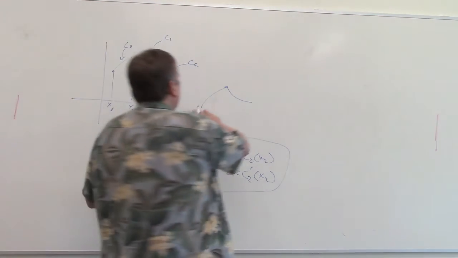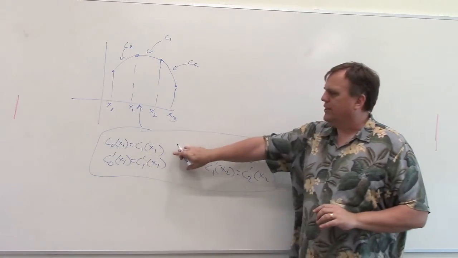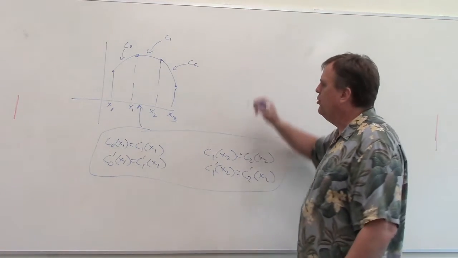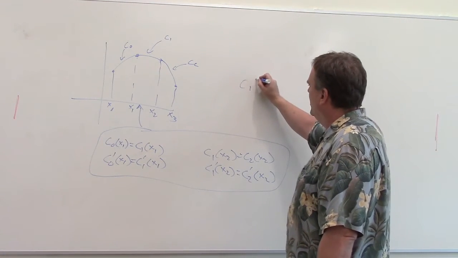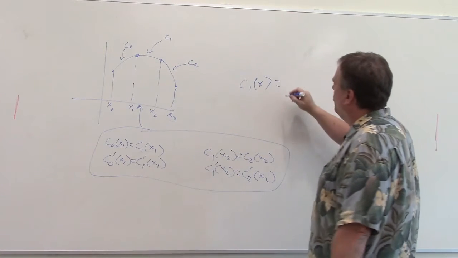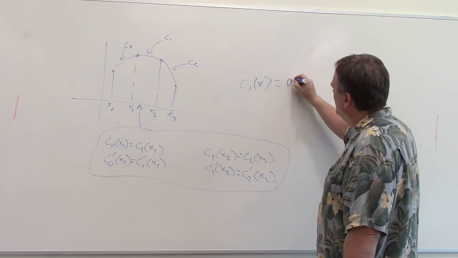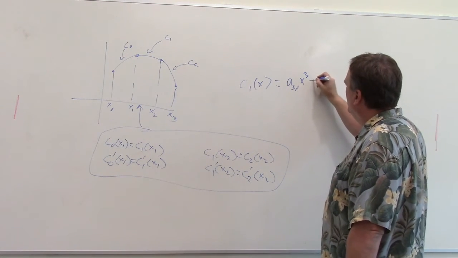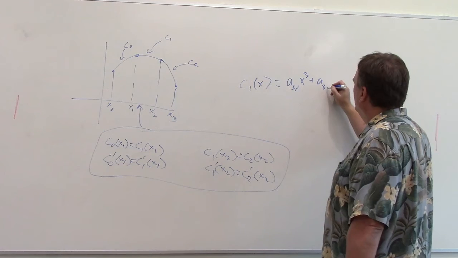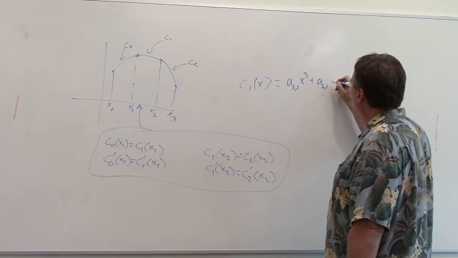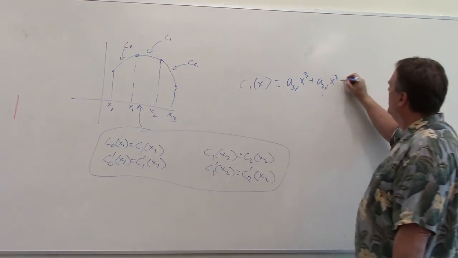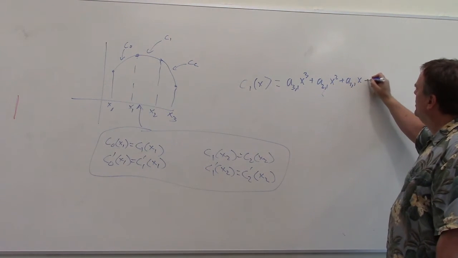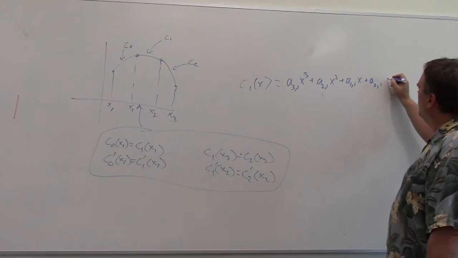Now, these are then rewritten, because I can take my functions, and there's a lot of ways you can do them. You can write your cubic splines, right, C1 at x, in this kind of a term. I can write it as A3,1 x cubed plus A2,1 x squared plus A1,1 x plus A0,1.